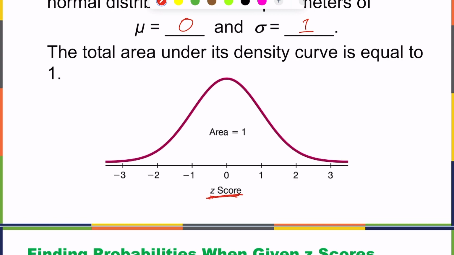And so when x equals 1 in this case, because it's a standard normal, that's equivalent to the z-score being 1 because it is 1 standard deviation away, right? One standard deviation away. And so x equals 1 has a z-score of 1.